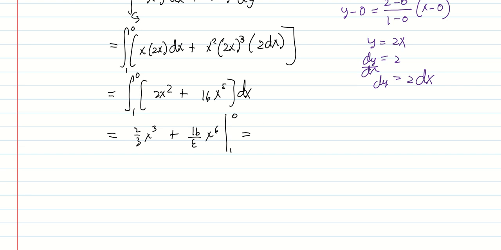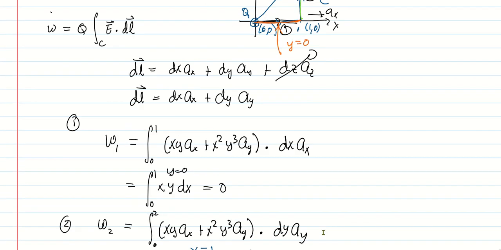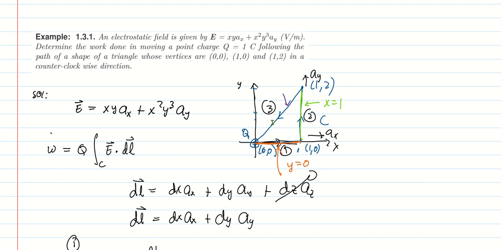Then the answer here: upper limit 0 minus, if they are all equal to 1, at 1. So 2/3 plus 16 over 6 is just equal to 10 over 3. But this is negative because it's 0 minus that one. So negative 10 over 3 joules. Now we know the work that is used from the different paths.